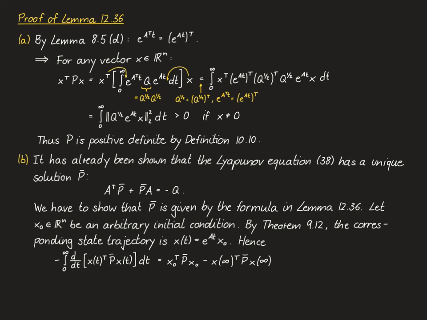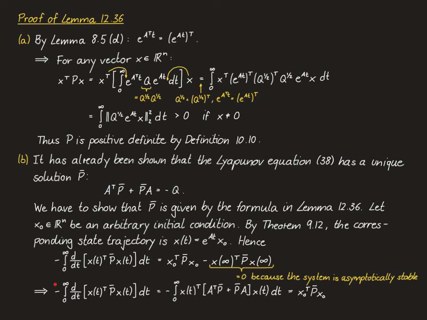But now the second term here is equal to 0 because by assumption the system is asymptotically stable, and hence the state converges to the origin as t goes to infinity, meaning that x of infinity is equal to 0.